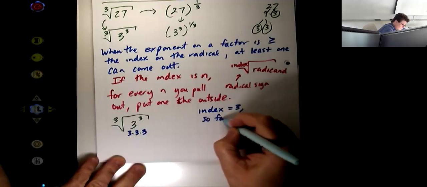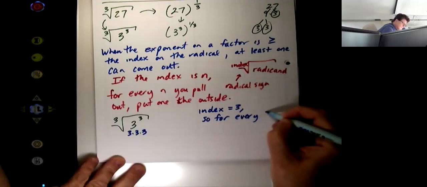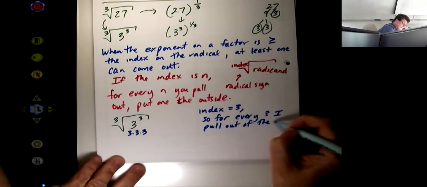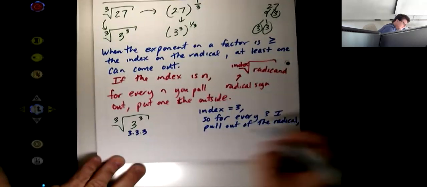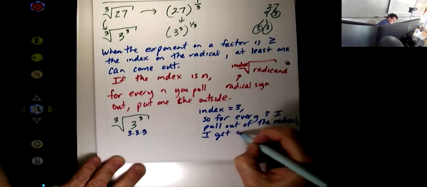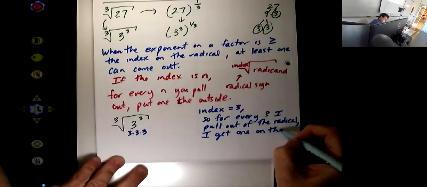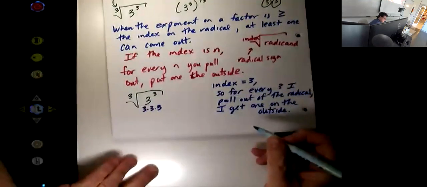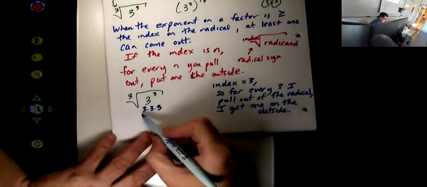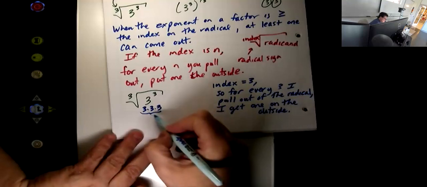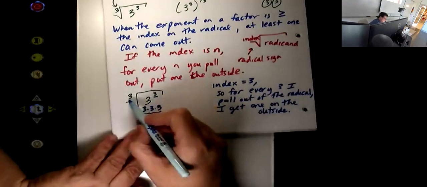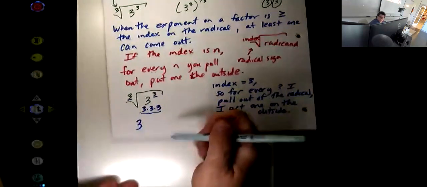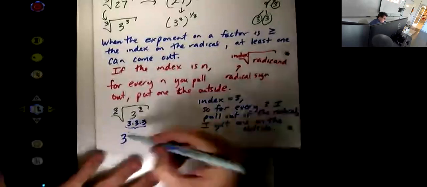So for every 3 I pull out, I get 1 on the outside. I have to take out all three of these to do it. So this three is matched to this three, and we can pull out a three, and we're just left with a three. That would be the answer.